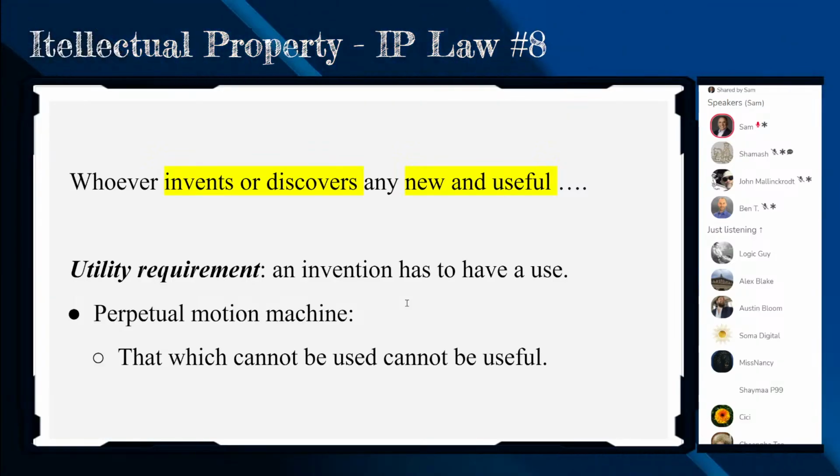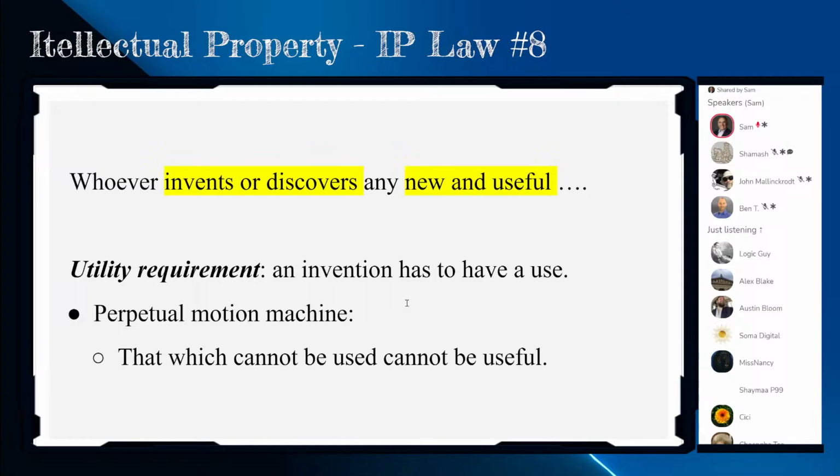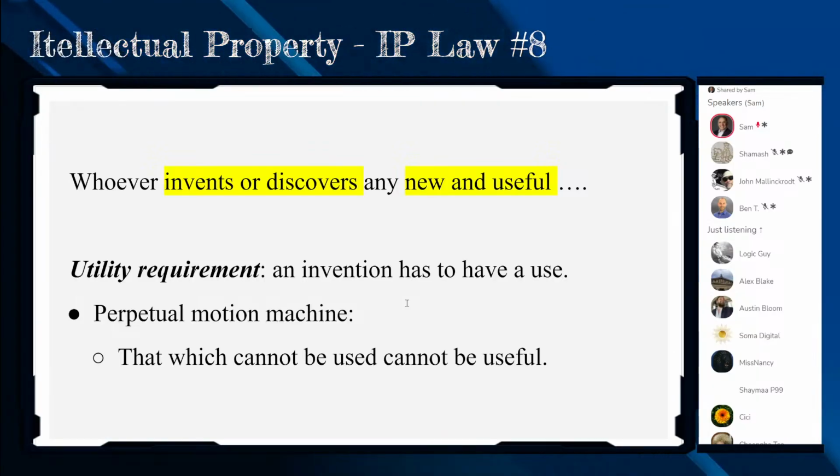And so we say, oh, if it works, then it satisfies the utility requirement, right? Because if it works, it has a use. And so, yes, the patent laws allow for the scientific principles to be incorrect, because the patent laws worry about one thing and only one thing. Does it work as claimed? That is all.